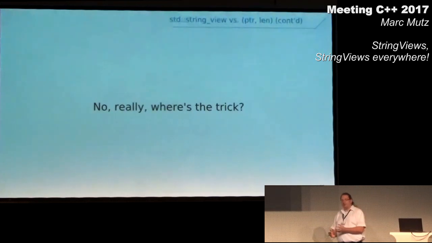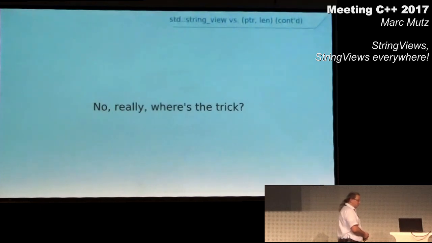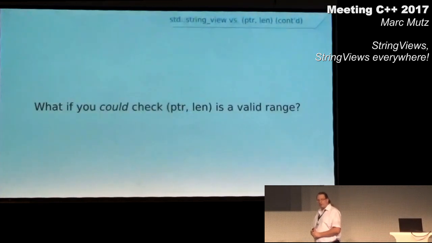How can possibly one thing be a wide contract function and the other one a narrow contract function? The second one also needs to be a narrow contract function because it's equivalent. And no, it's not. So you cannot check whether the range is valid in C++. But what if you could?